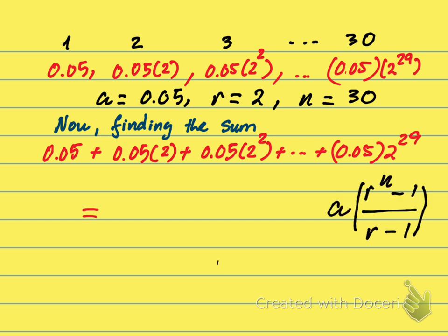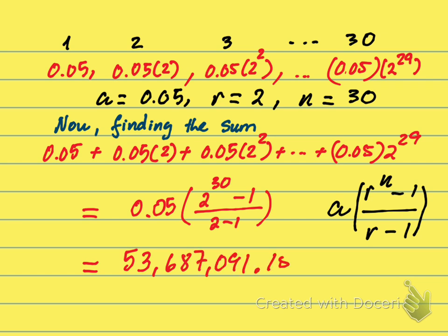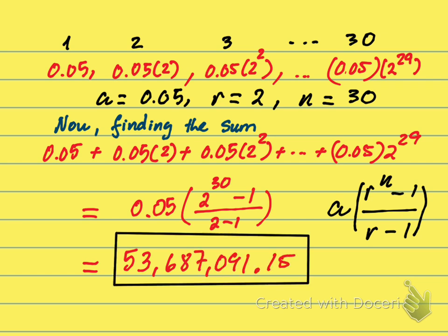At this point, we know that we can use this formula in order to find the sum. So we plug in a is 0.05, r is 2, n is 30 into this formula, and we calculate it. It's going to give us 53,687,091.15. So this is the sum of this sequence.